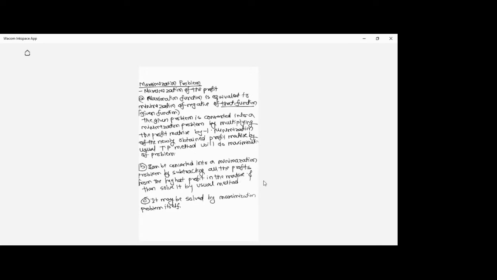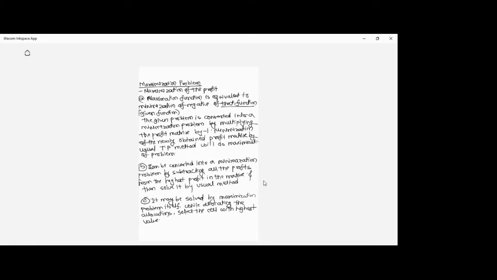So how are we going to do it? While doing the allocations, we are going to select the cell with the highest value.